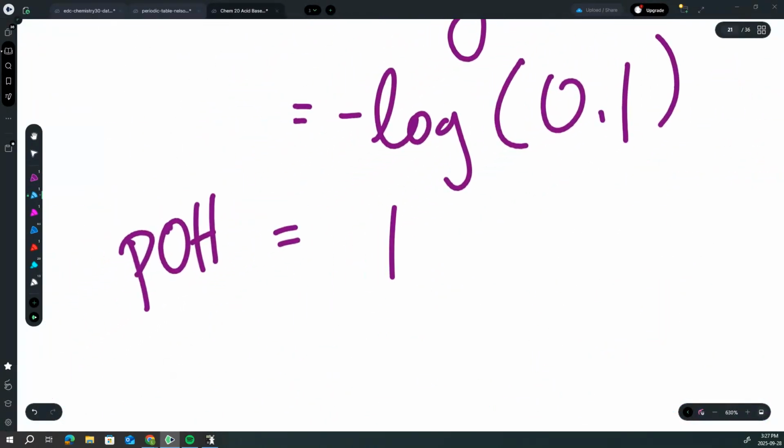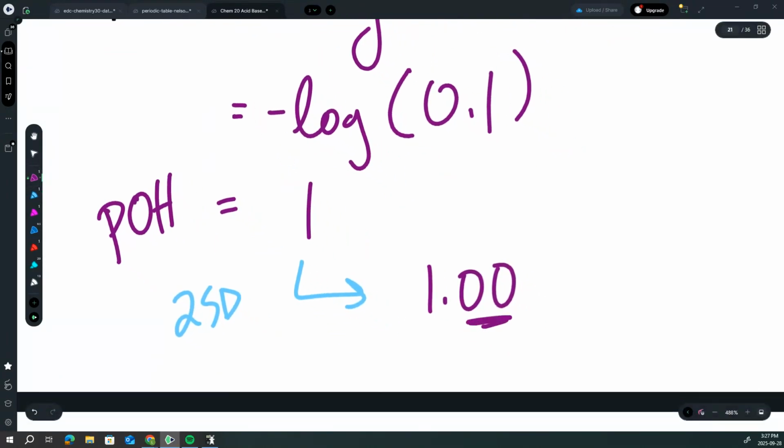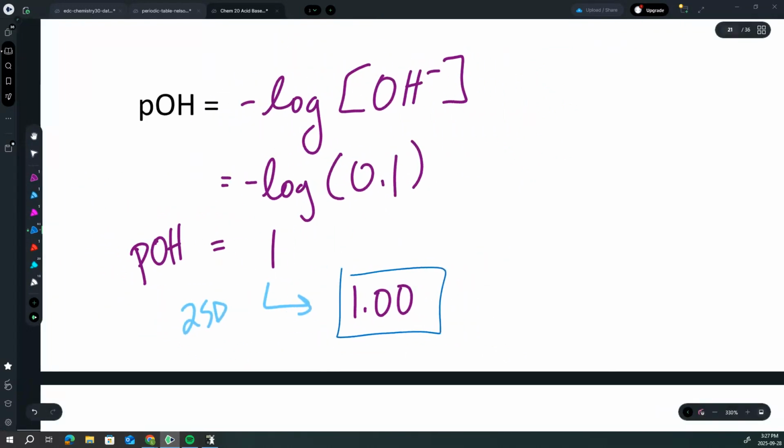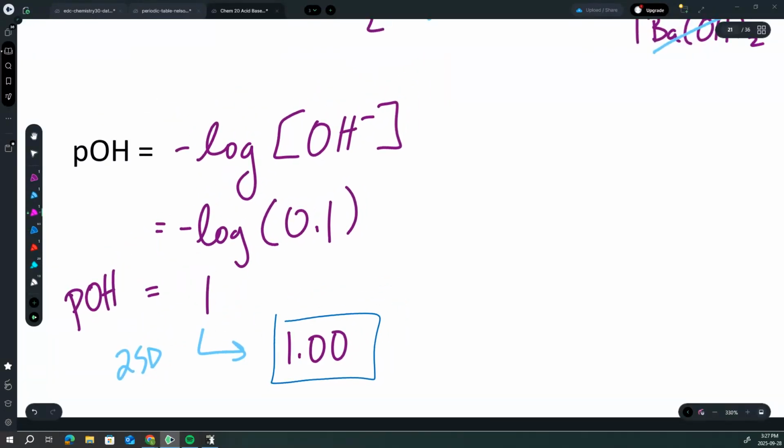Okay, so now we got to put this into 2 significant digits, which that's just going to mean that it's 1.00. Because for pOH, the digits after the decimal are what counts for sig-digs. Another reminder here is that both pH and pOH do not have units.